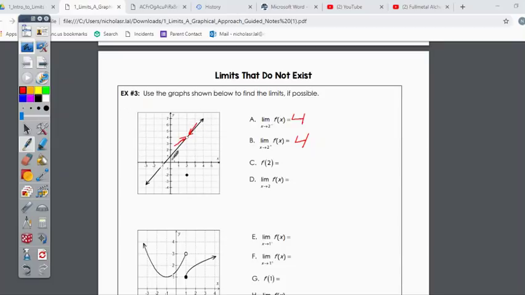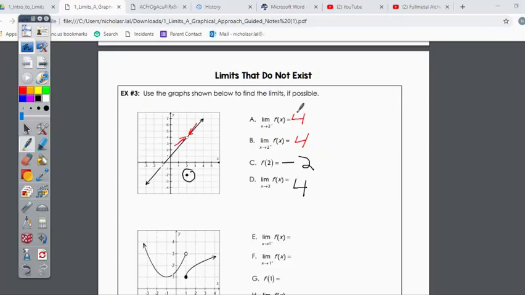But f of 2, because we have a hole here, is going to be negative 2. Because f of 2 is negative 2, even though the limit as we're approaching from the left and the right is 4. So the limit as x approaches 2 of f of x is equal to 4.